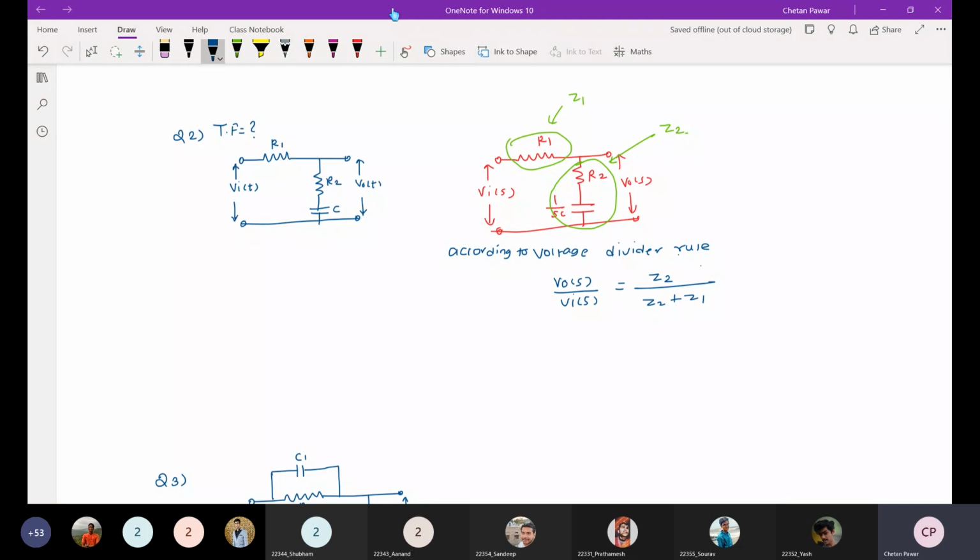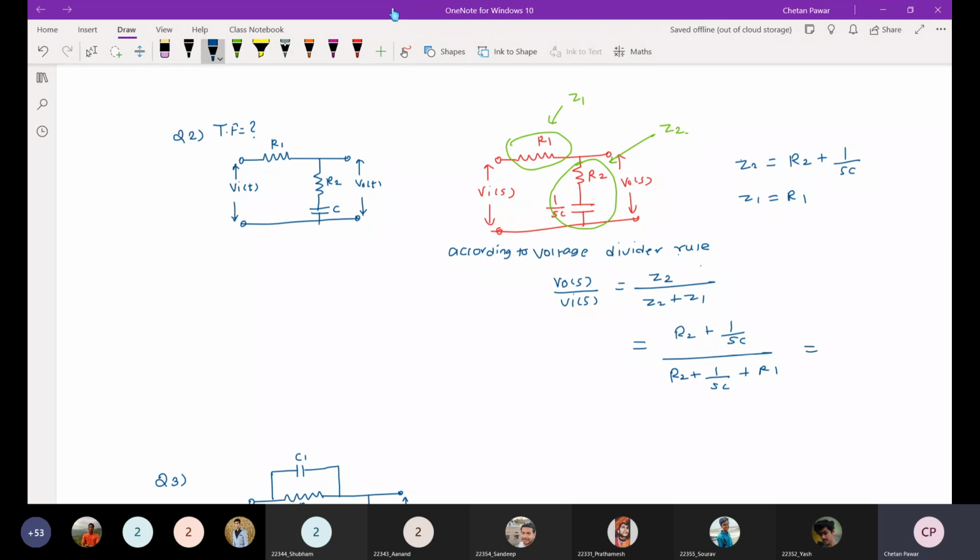So what is Z2? Z2 is R2 plus 1 by SC, and Z1 is R1. You just put those values here: R2 plus 1 by SC upon R2 plus 1 by SC plus R1.